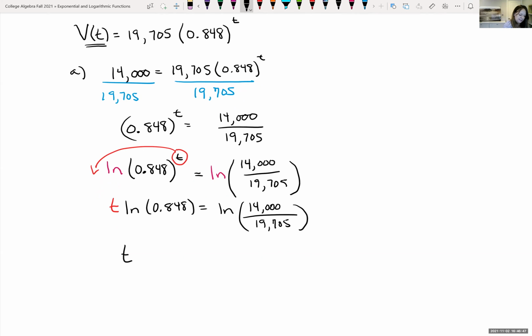And so we get t is equal to the natural log of 14,000 over 19,705, divided by the natural log of 0.848.